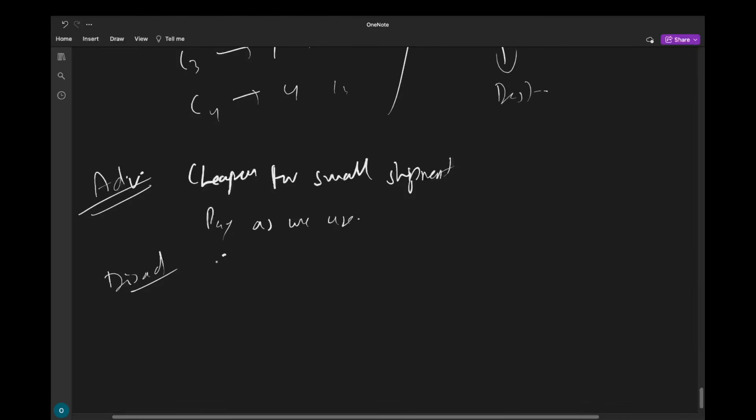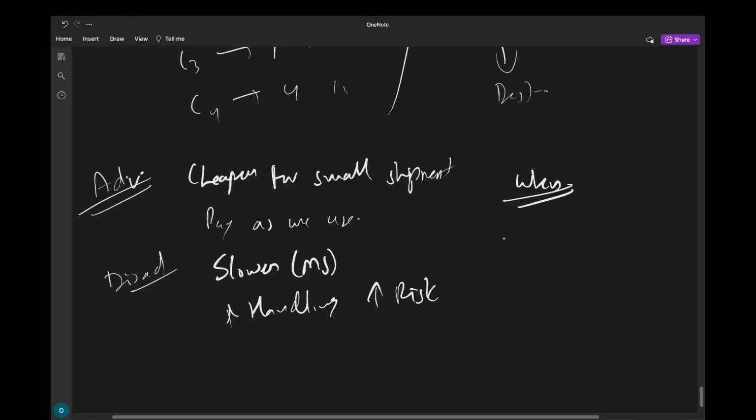It is slower because it has multiple stops. Then it has more handling. That means higher risk of damage. When can we use it? When we have small shipments and we can't fill a truckload.